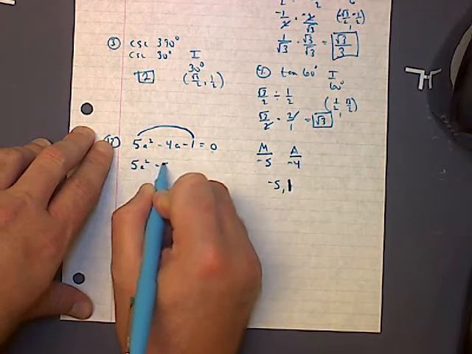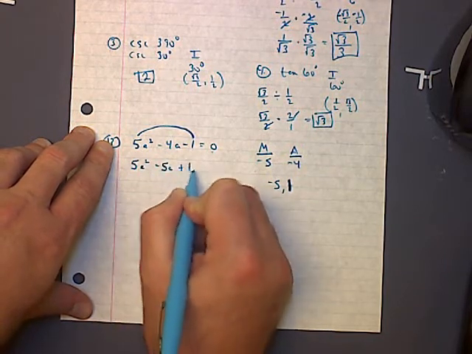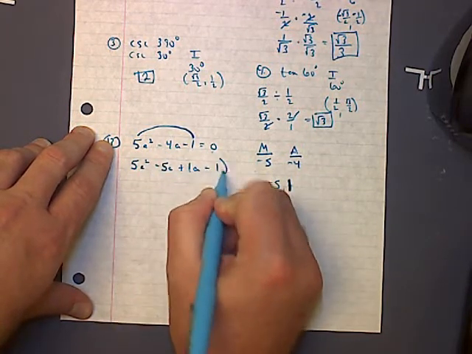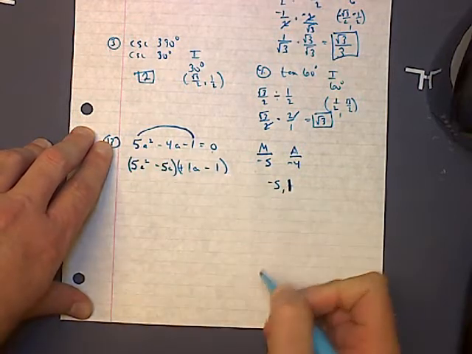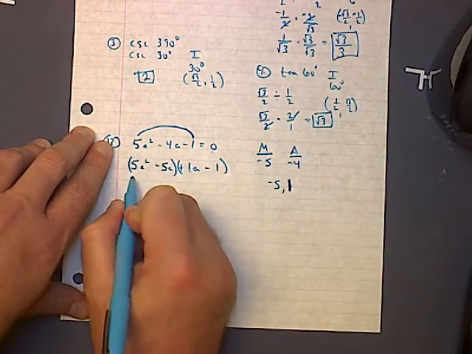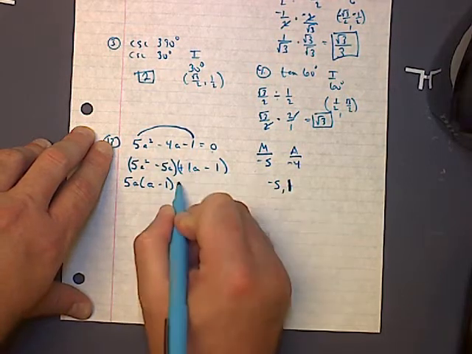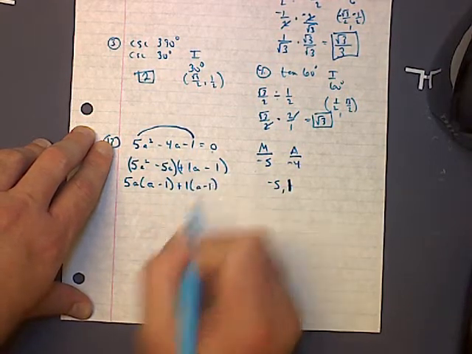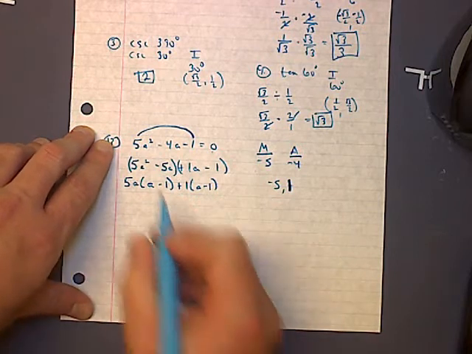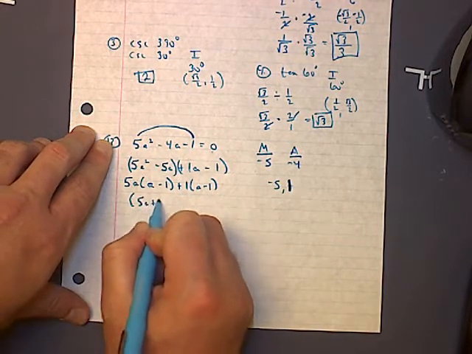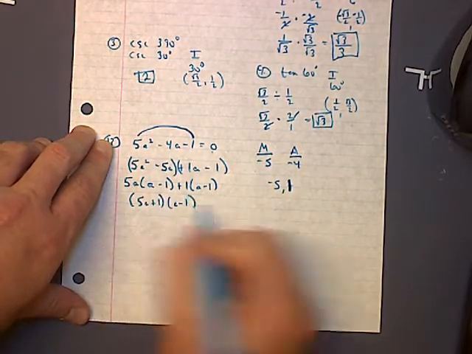5a squared minus 5a plus 1a minus 1. I could take a 5 and an a out of that. That leaves an a minus 1. I could take a positive 1 out. That leaves an a minus 1. So I've got 5a plus 1 and a minus 1.